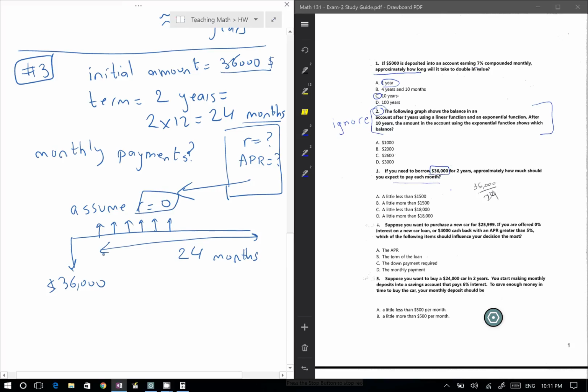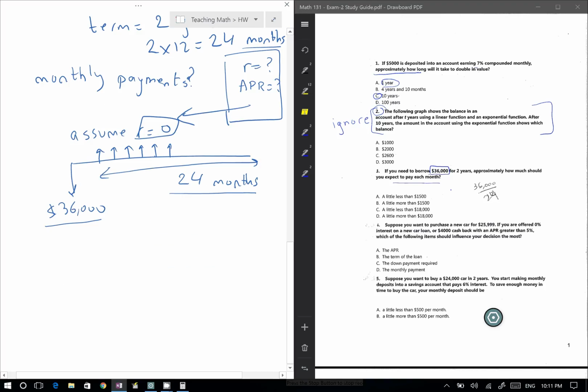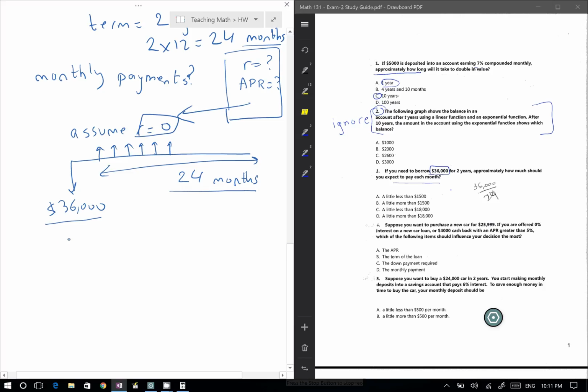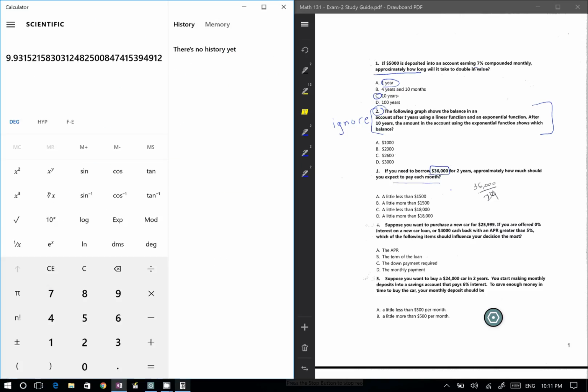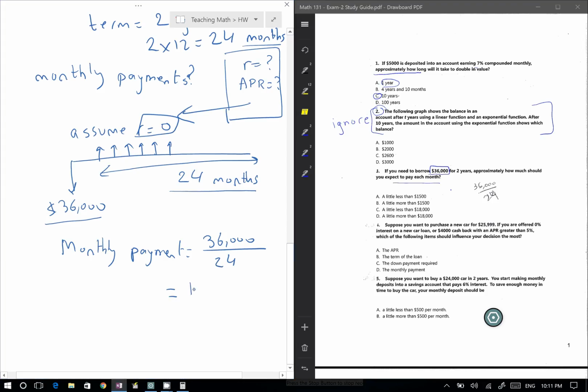So if you were to divide this payment by the number of months in a linear fashion with no interest whatsoever, the monthly payment is equal to 36,000 divided by 24, and that's 1,500. Now, $1,500 per month if you have zero interest.